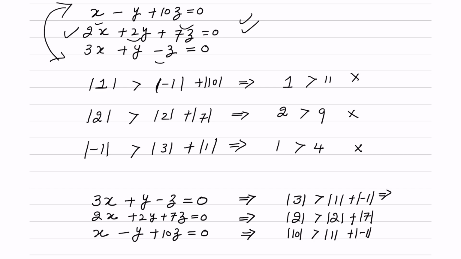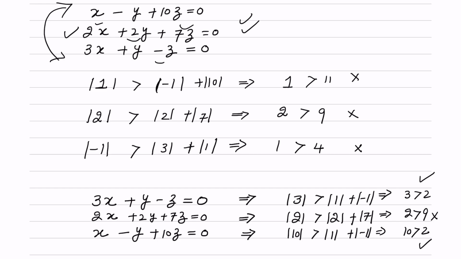Let's check these inequalities if they are true or not. The first inequality says 3 should be greater than 2. The second inequality says 2 should be greater than 9, and the last inequality says 10 should be greater than 2. So the first and last inequalities are true, but not the second one.